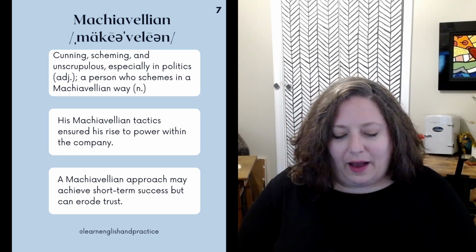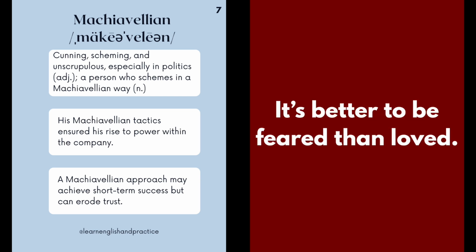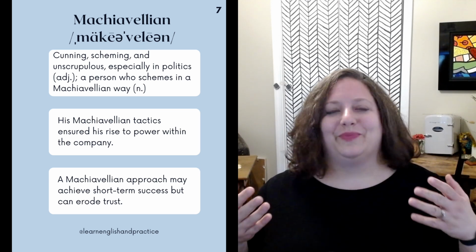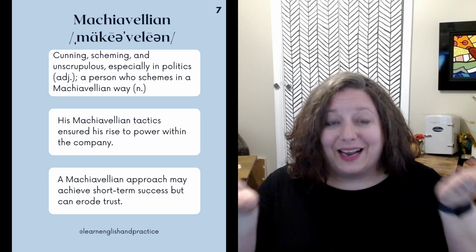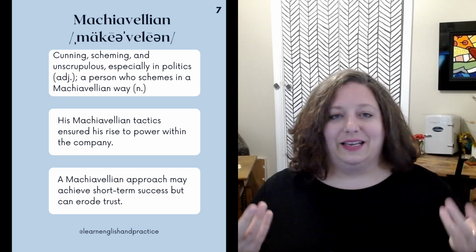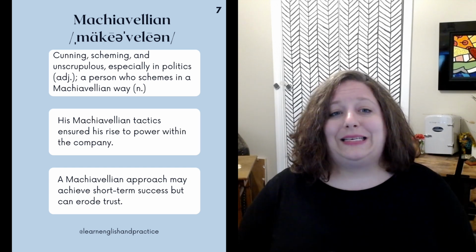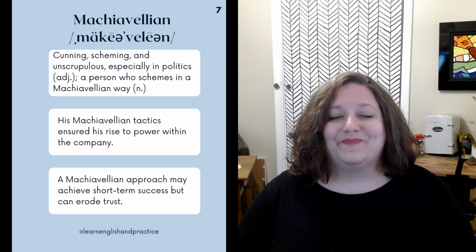From him, that famous quote came, "It's better to be feared than loved." And that is, in a nutshell, what Machiavellian kind of means. It's this idea that you have to do what you need to do in order to get and maintain influence.